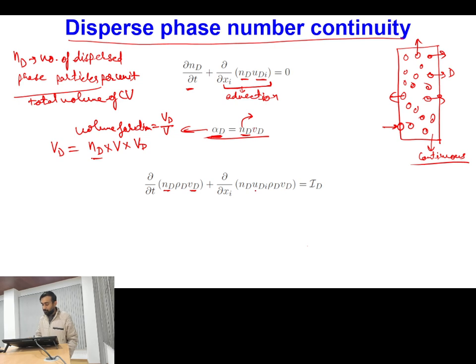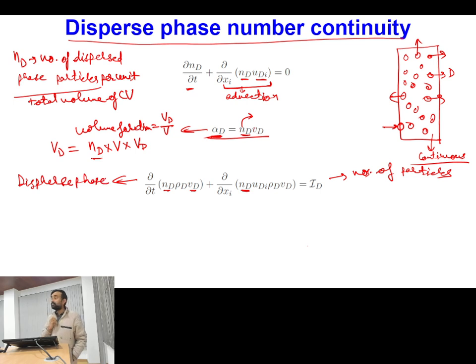Sorry, alpha d into Udi was there. So now, in place of alpha d, I can put Nd into Vd. So now this is the continuity equation in terms of the number of dispersed phase particles present in the system. And of course, this equation is applicable only for the dispersed phase. Is this point clear?